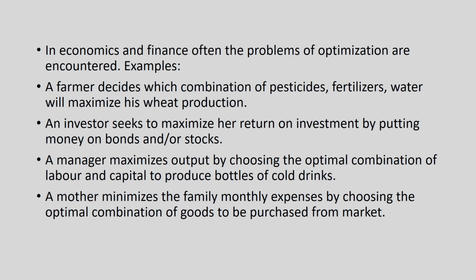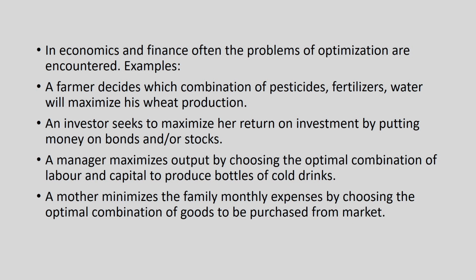The second example is from the area of finance. An investor seeks to maximize her return on investment by putting money in bonds and or stocks. The investor has some amount of money that she can invest. Either she can buy some bonds, which will give her a fixed, guaranteed return.